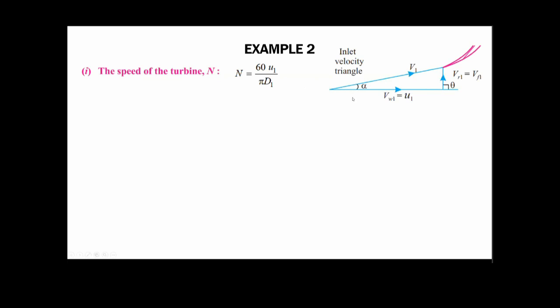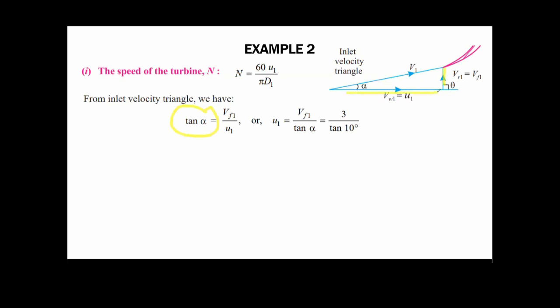So we know that u1 is equal to vw1. From the velocity triangle, in order to get u1, we can use the relationship of tangent alpha, which is equal to vf1 over u1.